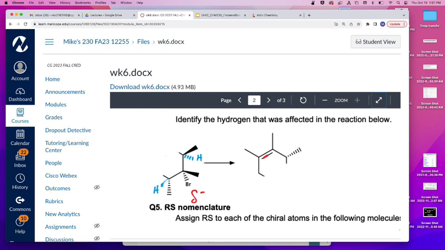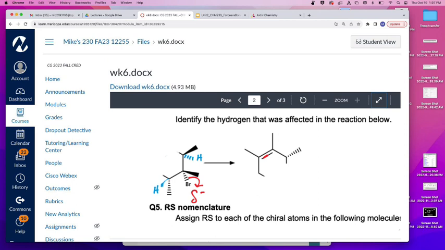The difference in electronegativity. Bromine was more electronegative than the carbon, which means that bond is already breaking. Bromine is already taking those electrons. If it takes those electrons, what happens to our carbon? Positive.